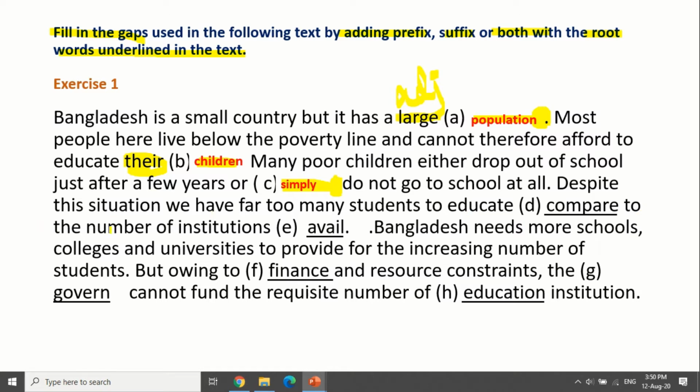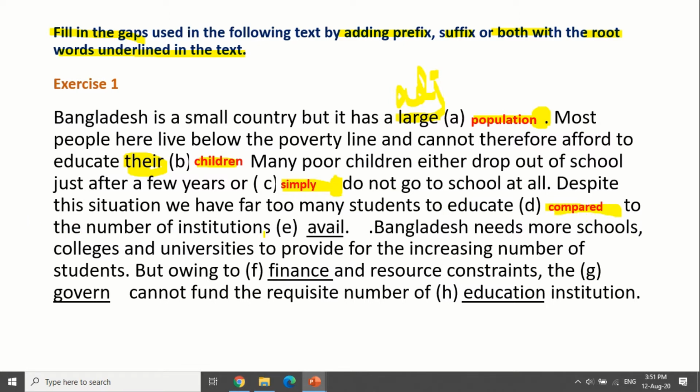The next line is, despite this situation, we have far too many students to educate compared to the number of institutions available, right? So we have to correct two words in this line. Despite this situation, we have far too many students to educate. Compare is a verb, and we have to convert it into a comparative form. So we have to add a D with compare, so it will become compared, right?